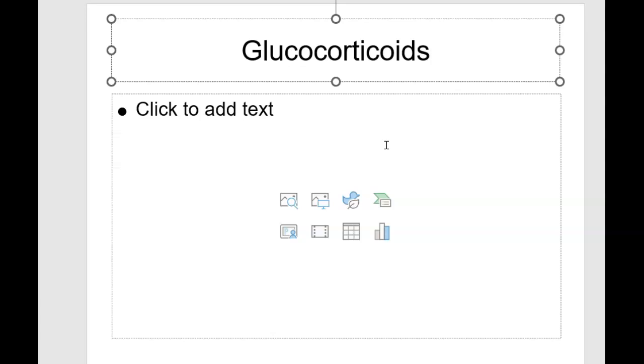So our glucocorticoids are the most effective drugs available for long-term control of airway inflammation. They can be used for asthma and for COPD. You can do them inhaled, you can do them orally, you can do them through the IV. It's generally considered that the inhaled version has the least amount of adverse reactions.